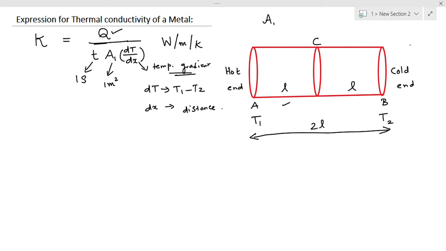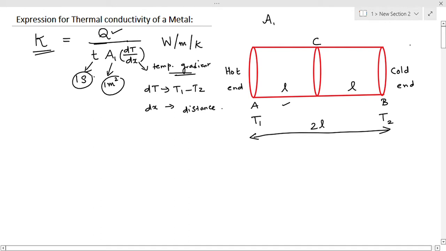I repeat the definition. Coefficient of thermal conductivity can be defined as the quantity of heat energy flowing through the metal per unit time across unit area of cross section per unit temperature gradient. The temperature gradient here from the diagram, dt, is T1 minus T2.